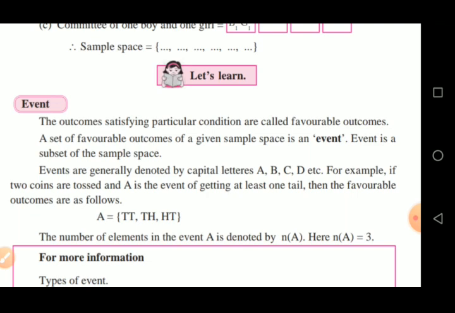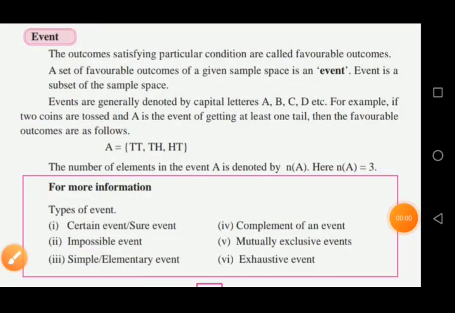A = {TT, TH, HT}. In all these outcomes, at least one tail is there. In the first result, two tails are there. The condition is not for the maximum, the condition is for the minimum.